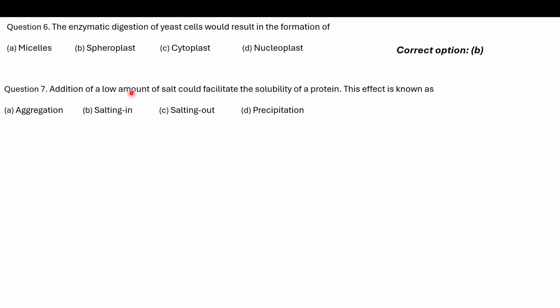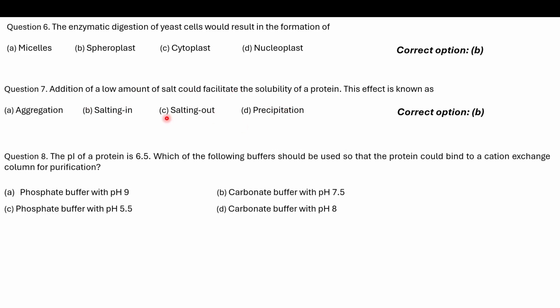This is known as salting in, option B. When more salt is present, it exposes the hydrophobic patches and the protein interacts with the matrix. When you decrease the amount of salt, the hydrophobic patches are less exposed, the interaction with the matrix decreases, and the protein elutes out.